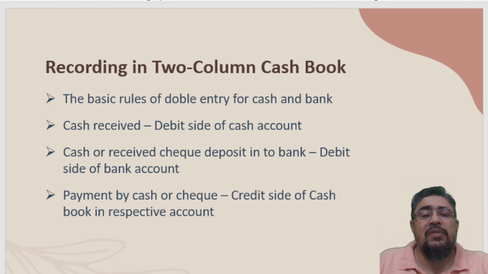Cash and checks received and deposited into the bank are recorded on the debit side of the bank column. Any payment by cash or check is recorded on the credit side in the cash column and the bank column respectively.